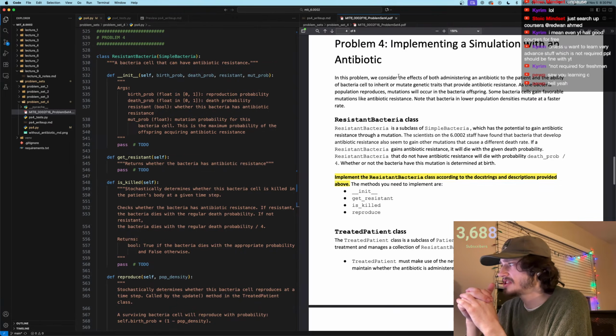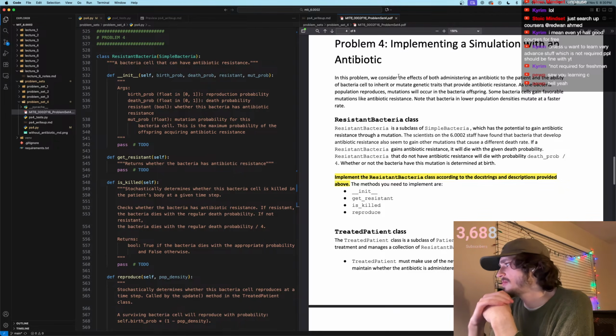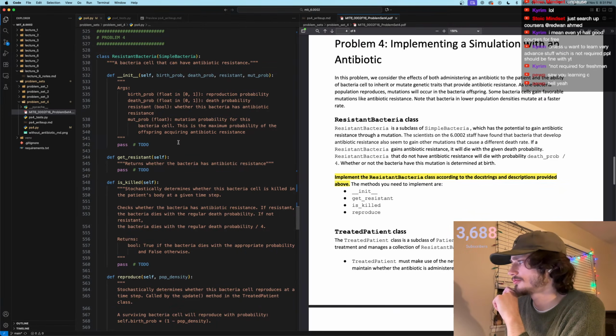If a resistant bacteria gains antibiotic resistance, it will die with the given death probability. Resistant bacteria that do not have antibiotic resistance will die with a death probability divided by 4. Whether or not the bacteria have this mutation is determined at birth. Okay, cool. Pretty easy.